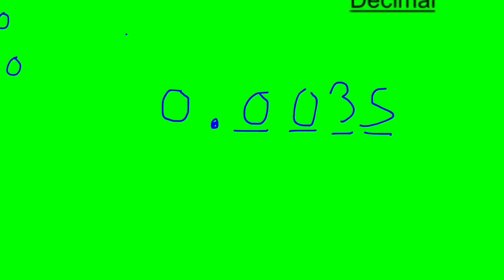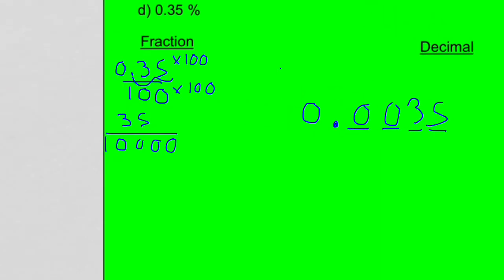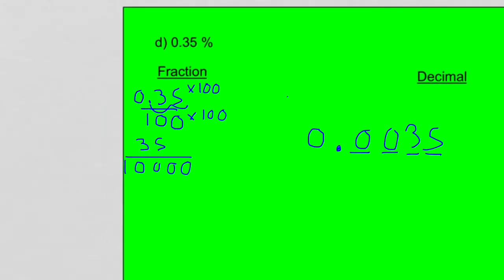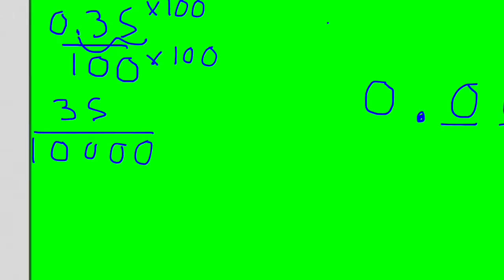So this is the tenths, the hundredths, the thousandths, the 10,000ths. We have to put the 35 there, 0 placeholder, 0 placeholder, and 0 in front. 35 10,000ths is the decimal. And that makes sense because that's a very small decimal, very small percent, very small fraction.